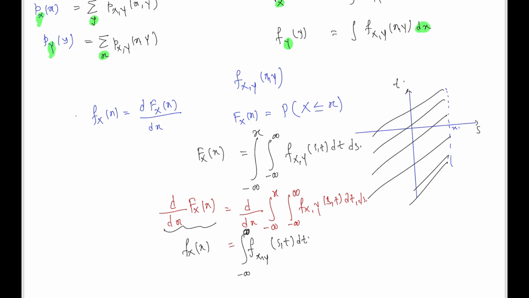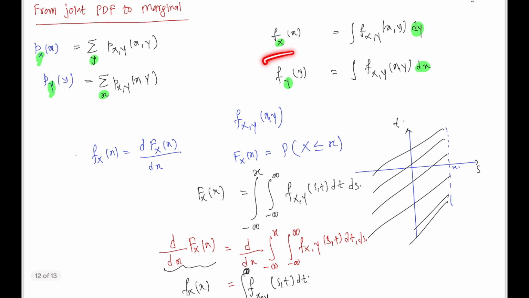So we have achieved what we were looking for: given the joint PDF, how we can find the marginal PDF of the random variables x and y. I have found the marginal PDF of the random variable x. In a similar way you can proceed and find it for y.